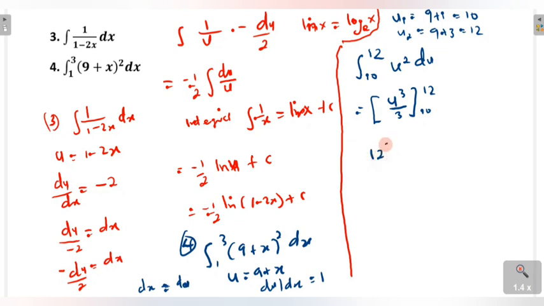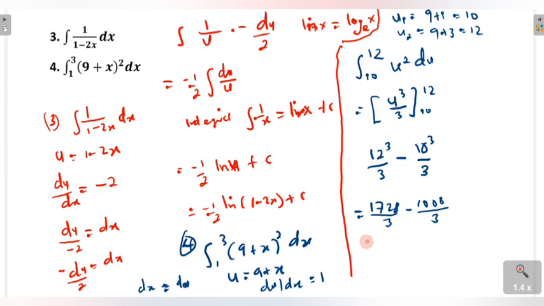So we are going to have 12 raised to power 3 divided by 3, minus 10 raised to power 3 divided by 3. So this would be: 12 raised to power 3 is 1728, divided by 3, minus 10 raised to power 3, which is 1000, divided by 3.